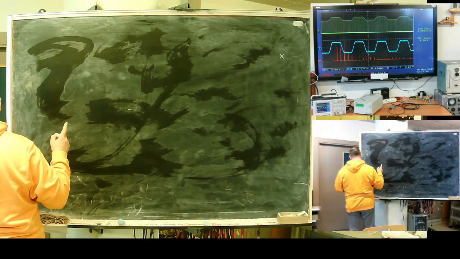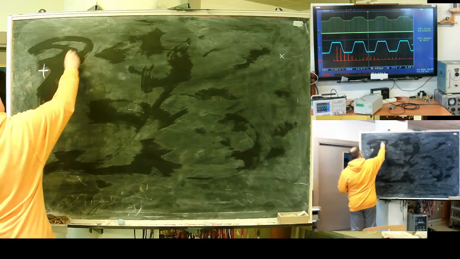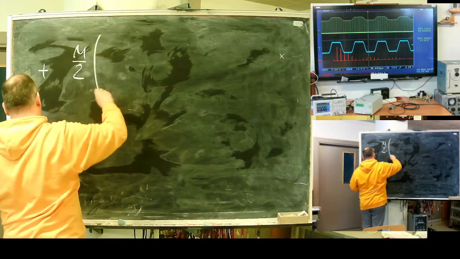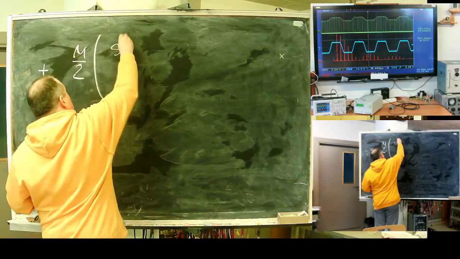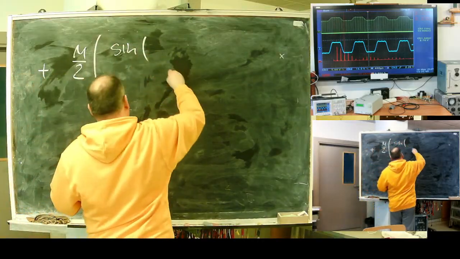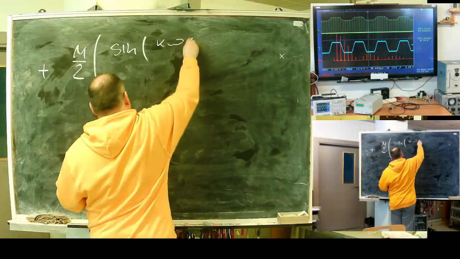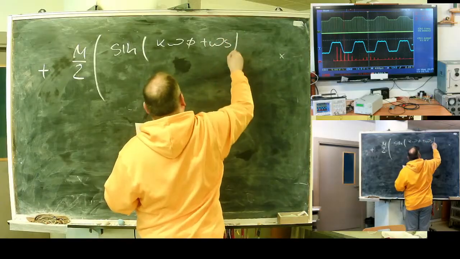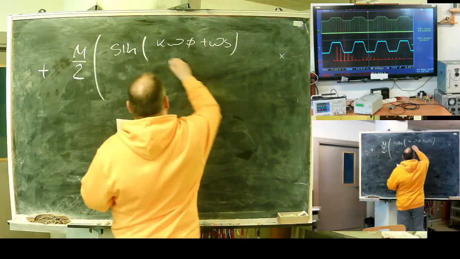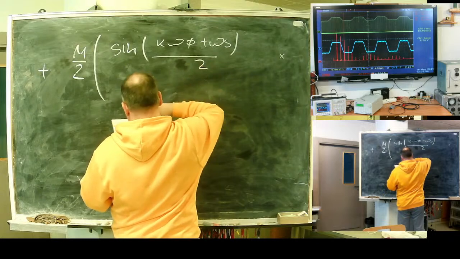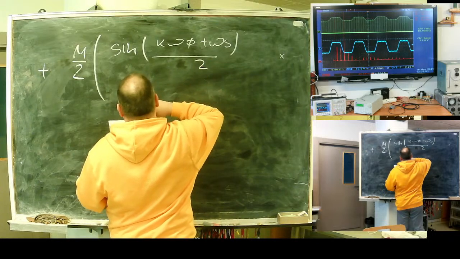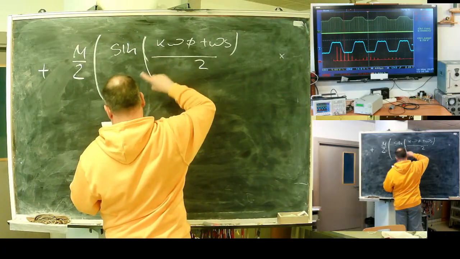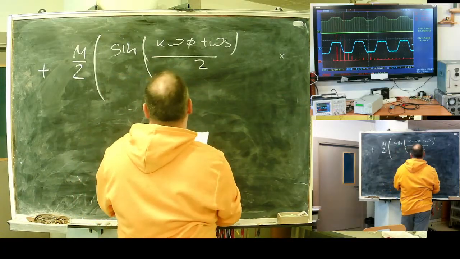So cosine plus modulation depth by half sine k omega 0 plus omega s by half, and that's not all. Wait one second.